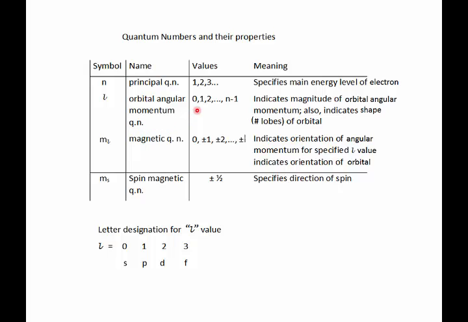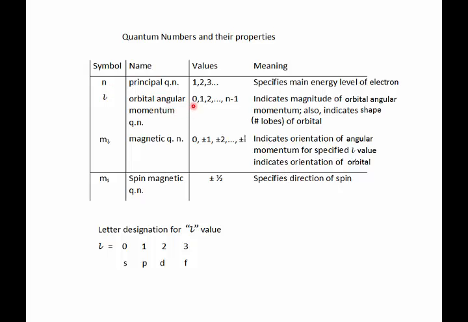Now its possible values are different than the values for n. It can be a whole number, either 0, 1, 2, and so forth. Now there's an upper limit. In fact, the possible values of L depend on the value of n, the particular energy level that we're at.